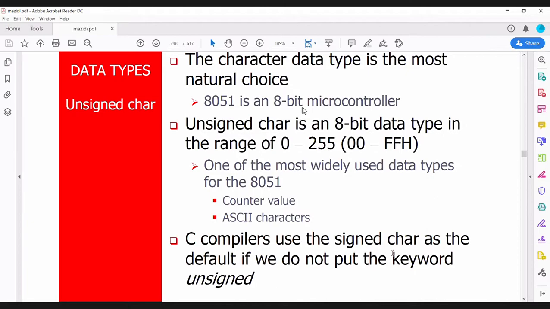But if you have to deal with unsigned characters, then you have to access the range 0 to 255.